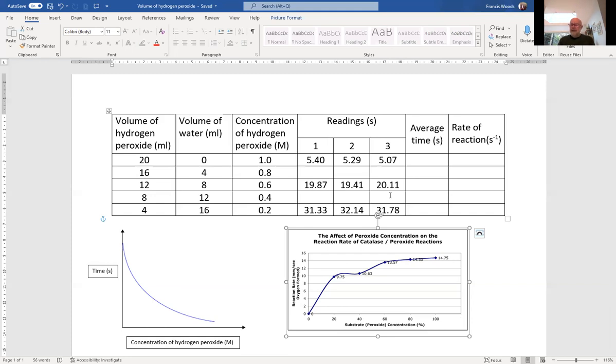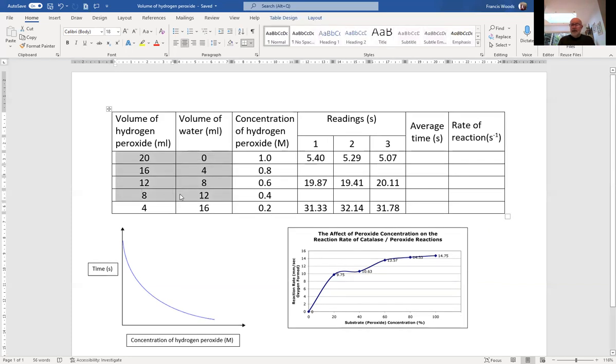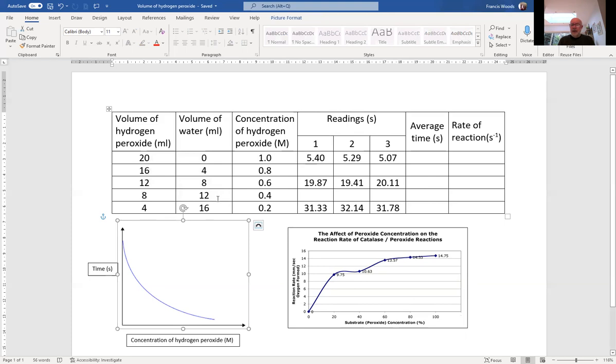And that could be due to a number of factors, such as errors in making up these concentrations when I was making the dilutions. It could be that the piece of cardboard was cut to a different size. It could be a timing error.